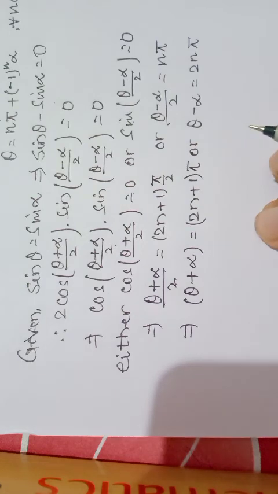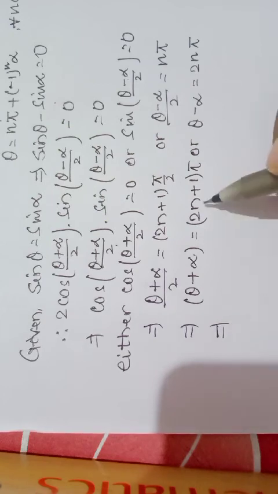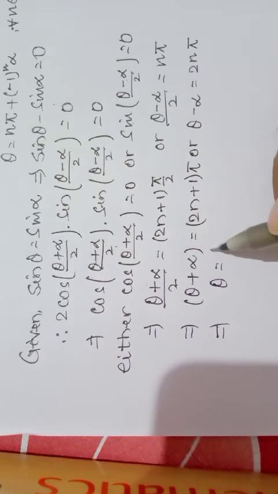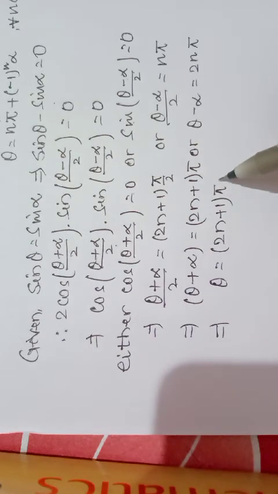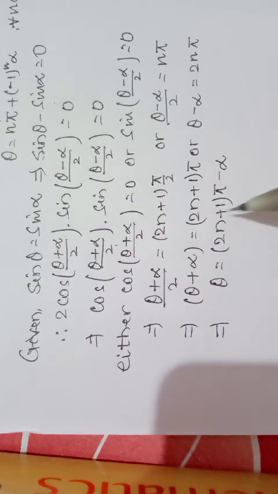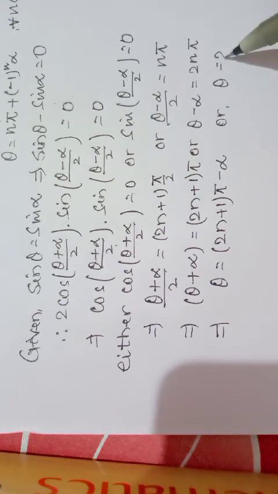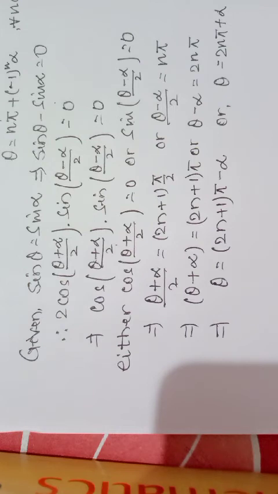Theta plus alpha is equal to (2n plus 1) pi, so from the first one theta is equal to (2n plus 1) pi minus alpha, or from the second one theta is equal to 2n pi plus alpha. This minus alpha goes to the right side and becomes positive.